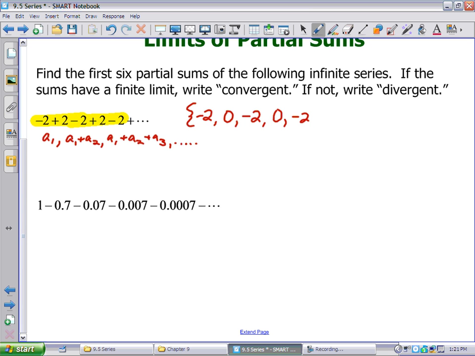And I need one more sum, and from our pattern up here you can see that that's also going to come out to be 0. All right, so looking at the sums here, I'm alternating from negative 2 to 0, negative 2 to 0. So I'm not going to just one number, and because I'm not, my limit is not going to just one number, this one is considered to be divergent.